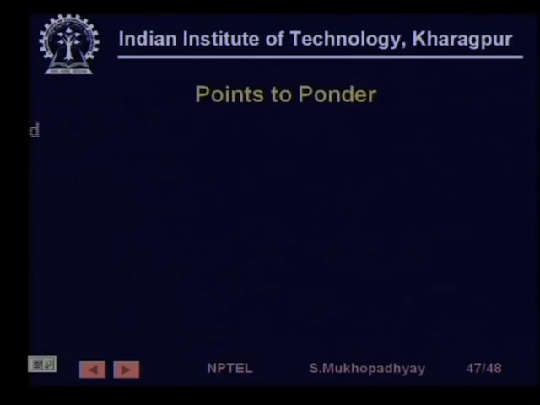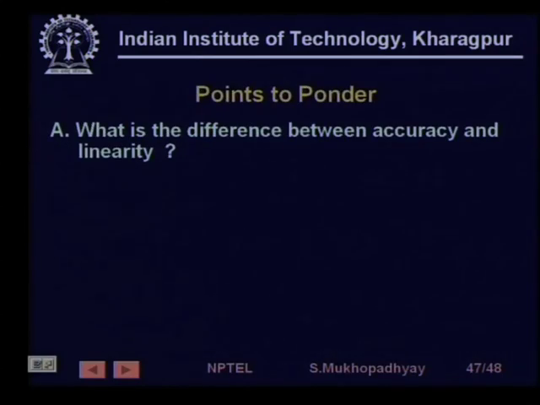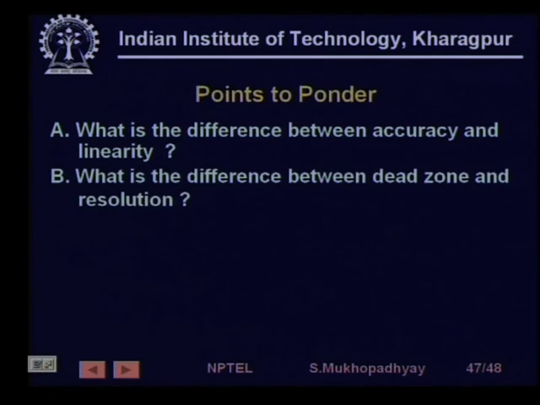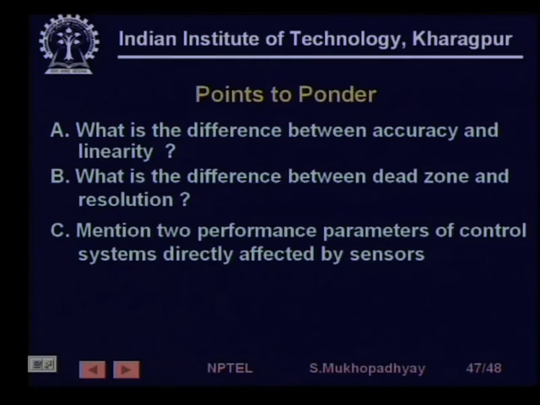Before closing, we would like to have some points to ponder. For example, what is the difference between accuracy and linearity? When are they the same and when are they different, and why? What is the difference between dead zone and resolution? Which is likely to be more, dead zone or resolution? Then mention 2 performance parameters of control systems that are directly affected by sensors.